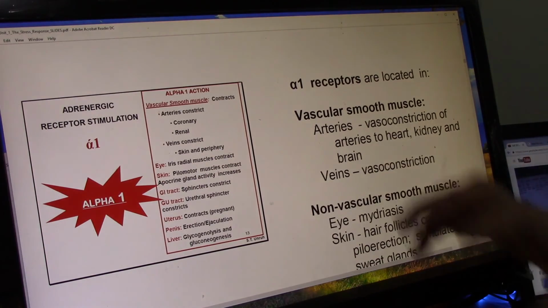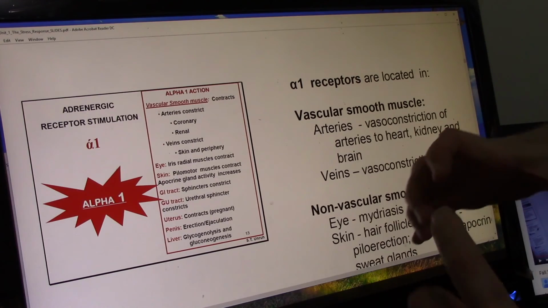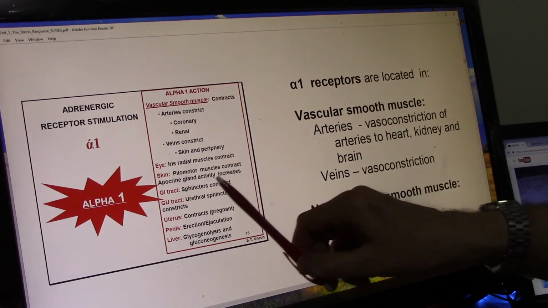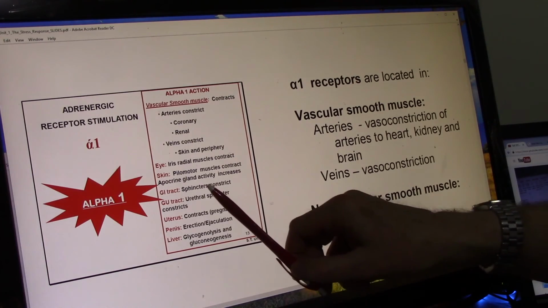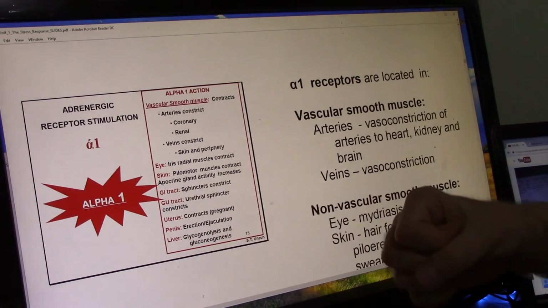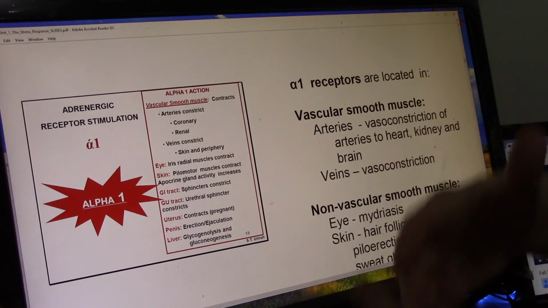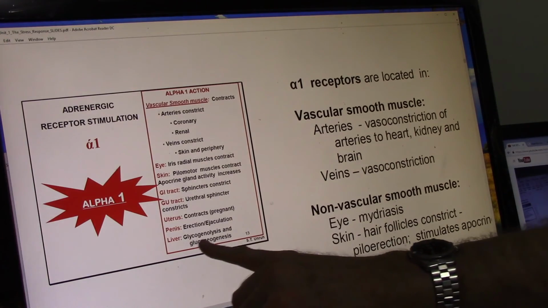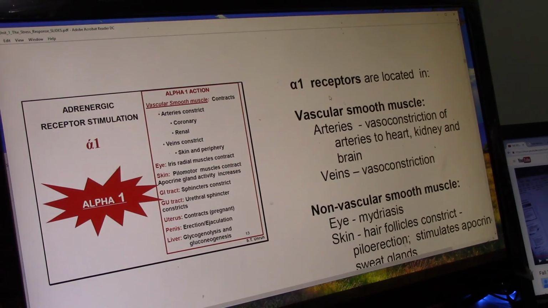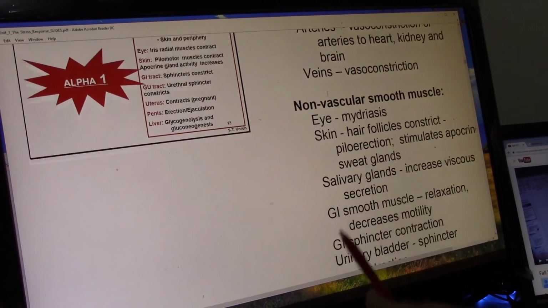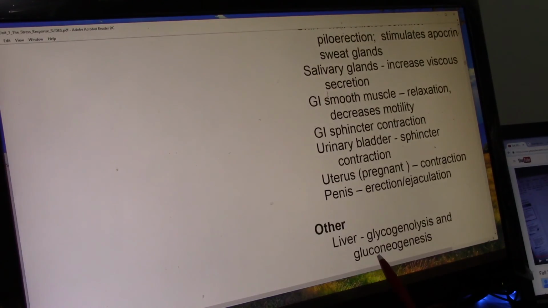Now, when the eye muscle constricts, it actually opens the pupil. Also the skin, the GI tract. And when we constrict the sphincters in the GI tract, we slow the flow there, and so on. And also, again, the effects in the liver. You can read through what those alpha 1 effects are and what areas of the body they affect.